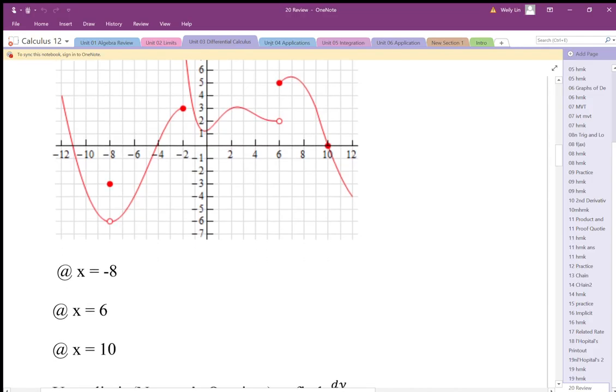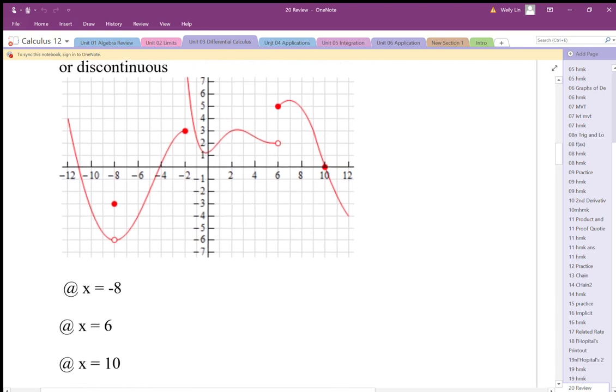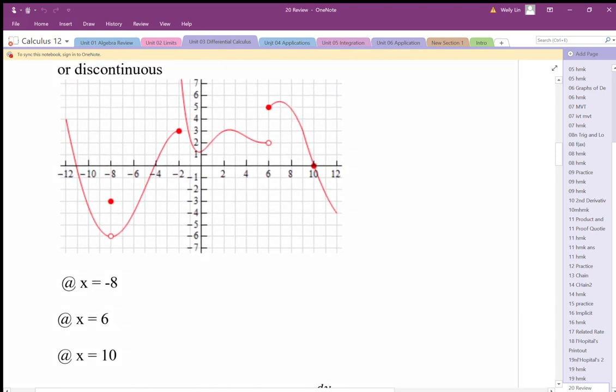We also should give a statement of why it's discontinuous. Okay, so at x equals -8, clearly I have to jump there to be able to draw that through. So we can say that this is discontinuous. And we should really give some sort of statement.